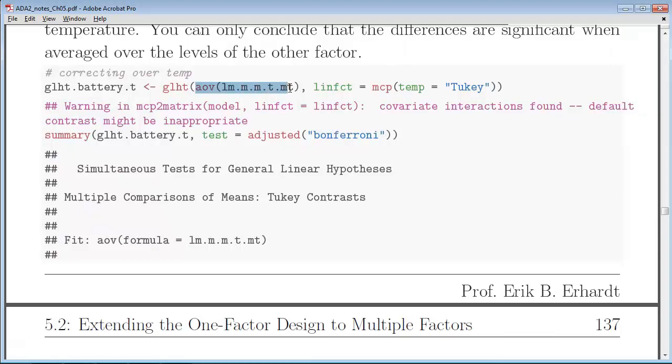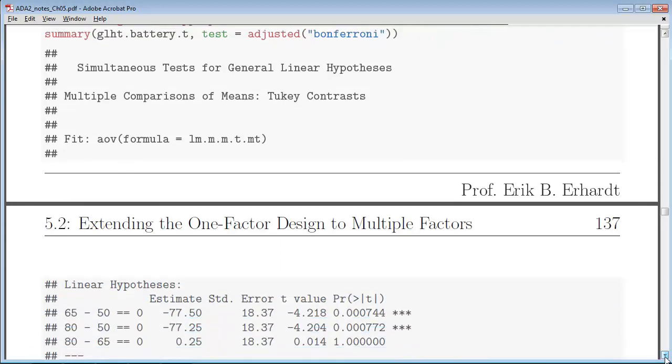We feed it the ANOVA object in the general linear hypothesis test, and we get a warning that because covariate interactions were found, we don't actually want to calculate the temperature contrasts, because the main effects are not very interesting when you have interaction, because the differences depend on the level of the other factor.